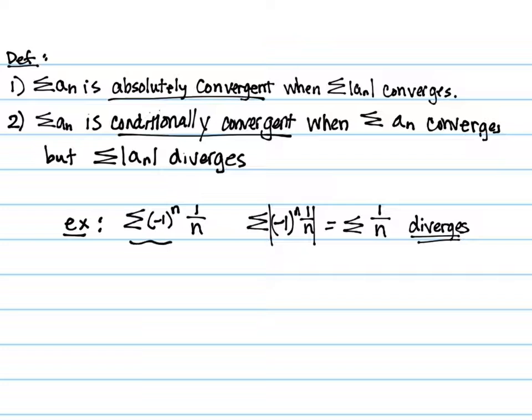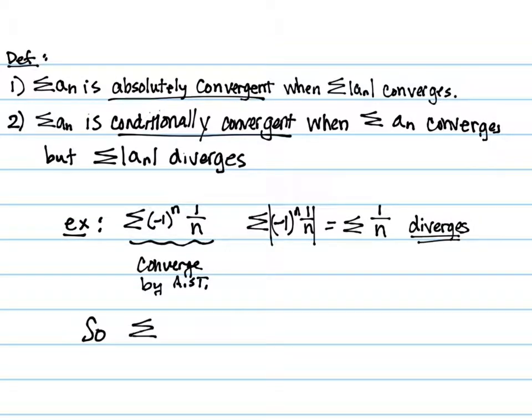But if we actually took it as it is, it would converge by the alternating series test. How do I know? Because it met those conditions. 1 over n is always positive. Its terms are decreasing, and the limit of 1 over n as n goes to infinity is 0. So this is an example of a conditionally convergent series.